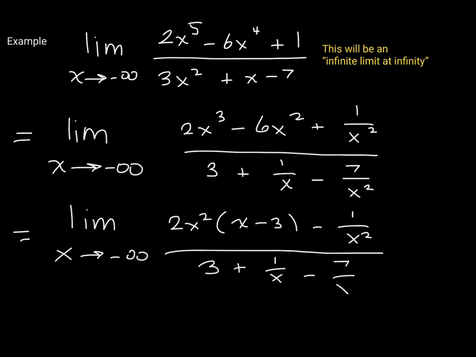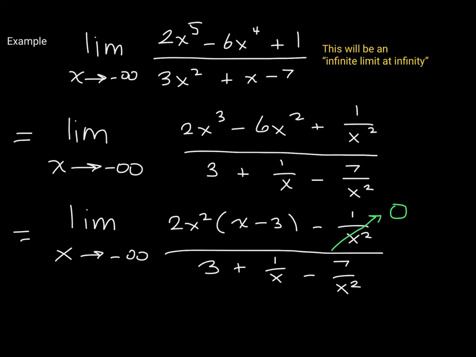Now I want us to consider what each of these terms is approaching as x approaches negative infinity. Let's talk about 1 over x squared. As x values approach negative infinity, the denominator becomes positive because it's being squared. With the numerator fixed at 1 and the denominator getting infinitely large and positive, this ratio is approaching 0.